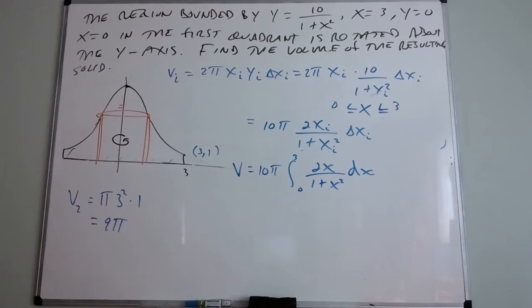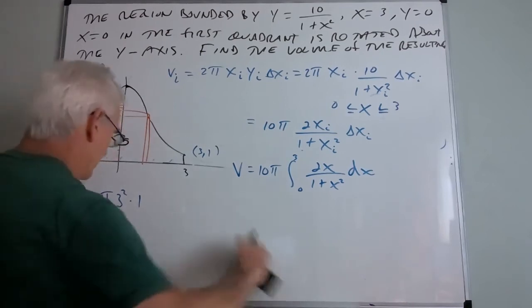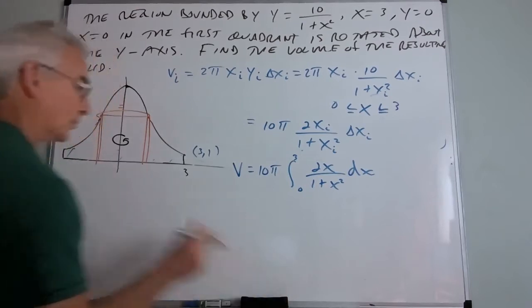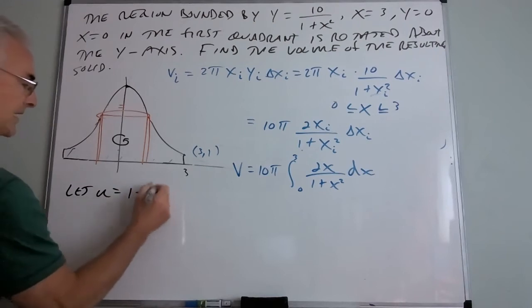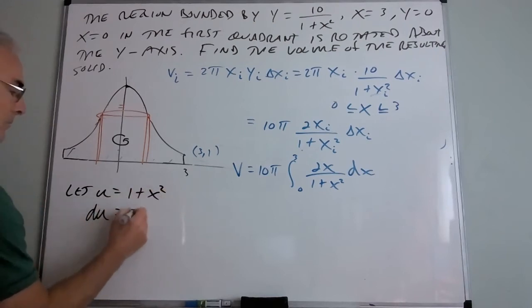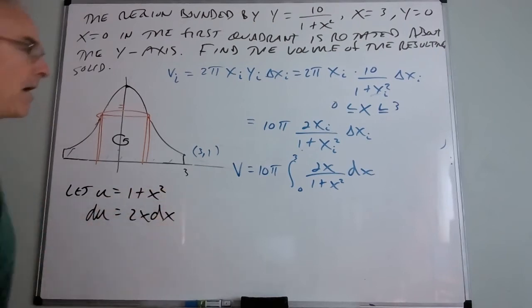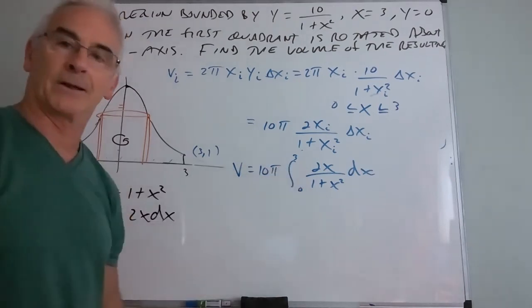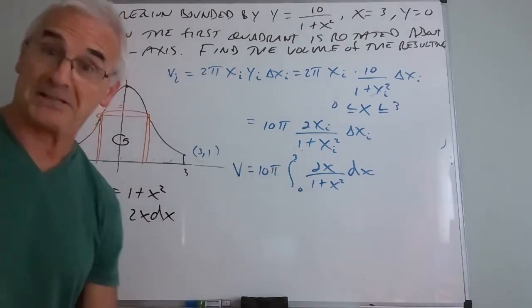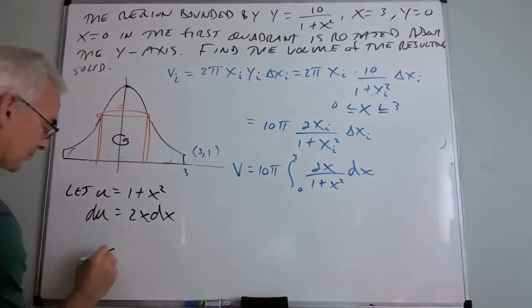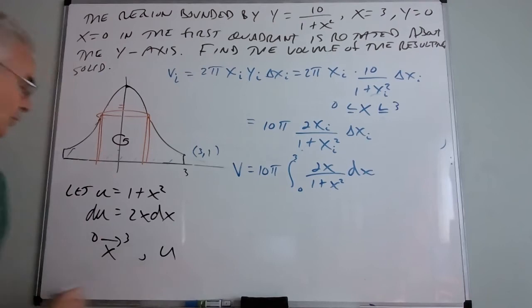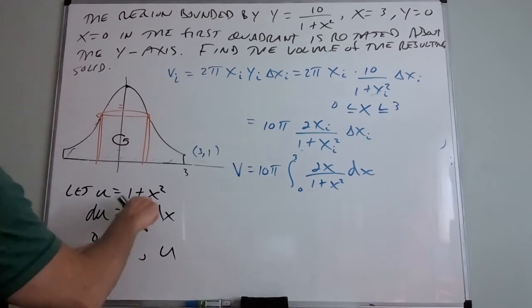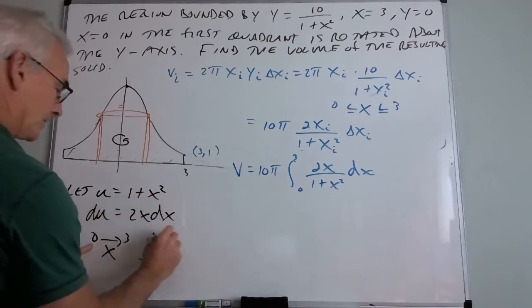Well, clearly that's going to involve a substitution. I'll do it over here because I'm going to run out of room. If I have u equaling 1 plus x squared, then what's du? Well, that's 2x dx. Oh, I already have it, don't I? That makes it kind of easy for me. As x ranges from 0 to 3, u will range from, let's see, when x is 0, u is 1.